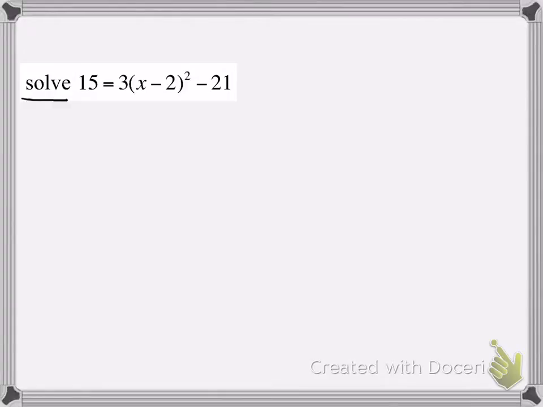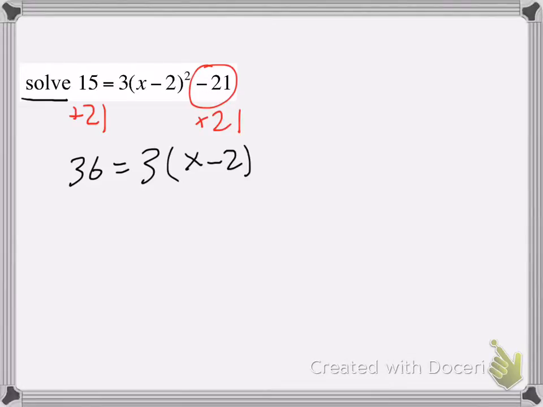So first thing I can notice is I have this minus 21 here. So let's add 21 to both sides. And now I will have 36 equals 3 times x minus 2 squared. Alright, next thing I want to do is get rid of this multiplying by 3.